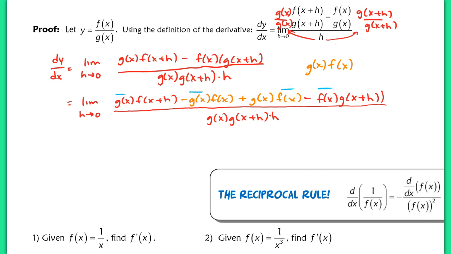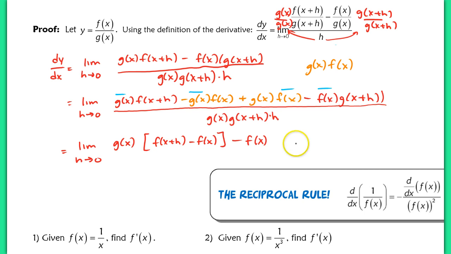So we can rewrite this, and it is the same as the limit as h approaches 0 of g of x multiplied by f of x plus h minus f of x. And then from the second two terms, I'm going to do something a little bit strange here. I'm going to factor out a negative f of x instead of f of x here, because then I can switch the signs in front of the g of x plus h and the g of x to make it look more like this term here.